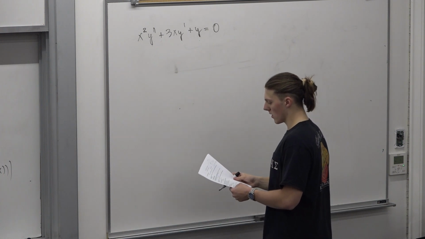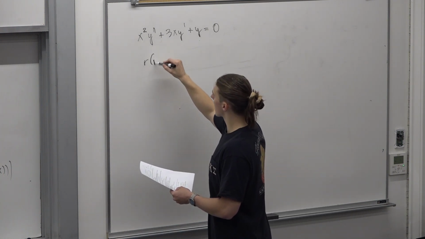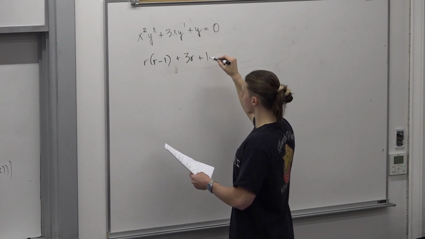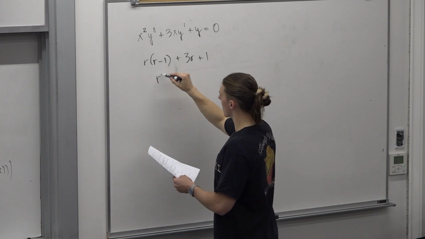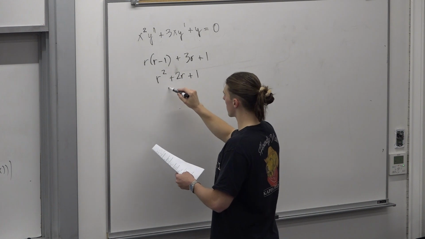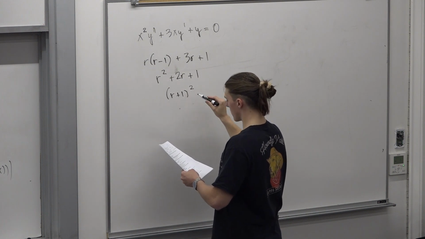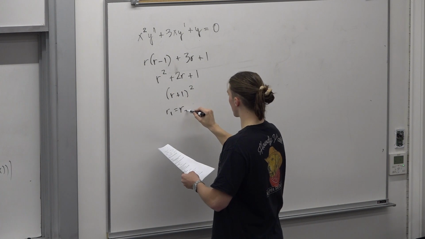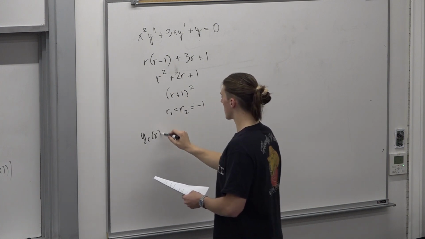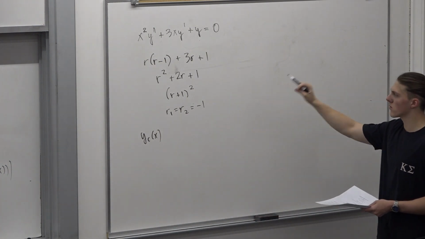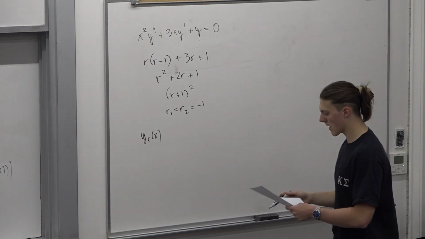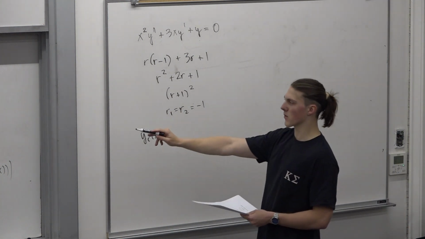Knowing that, the first thing to do is the characteristic polynomial. We solve the polynomial and we get the repeated root case. So what does that mean? We plug it straight into that equation we wrote down.